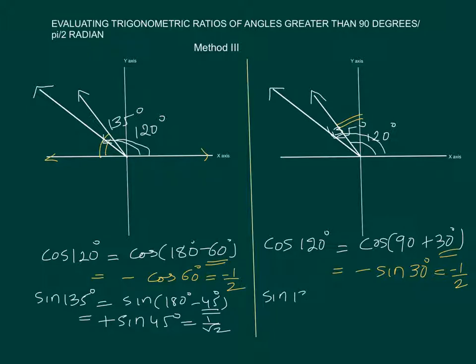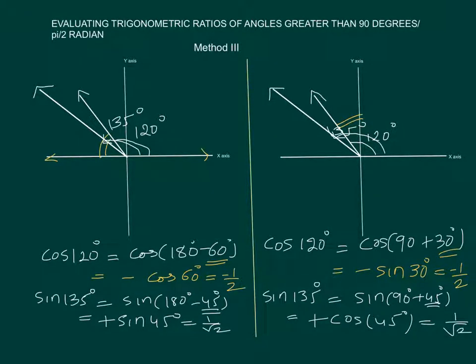Sine of 135 degrees is equal to sine of 90 plus 45 degrees, which is equal to sine will change to cos of the reference angle, which is 45 degrees now. Sine is positive in the second quadrant and hence our answer is 1 by root 2.